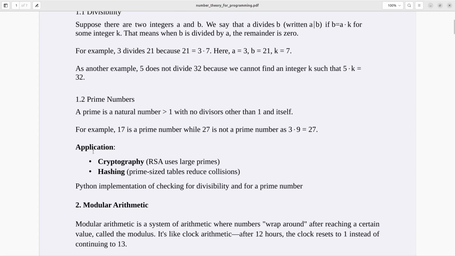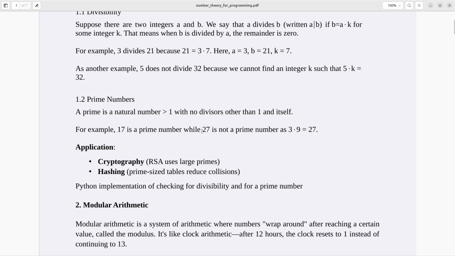And another topic to discuss is the prime numbers. What is a prime number? A prime number is a natural number larger than 1, with no divisors other than 1 or itself. So, is there any example? Yes, there are so many. We can pick 17 as an example. It is a prime number because we cannot find other divisors that can divide 17 other than 1 and 17.